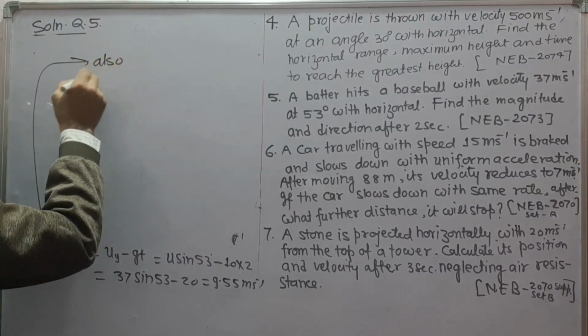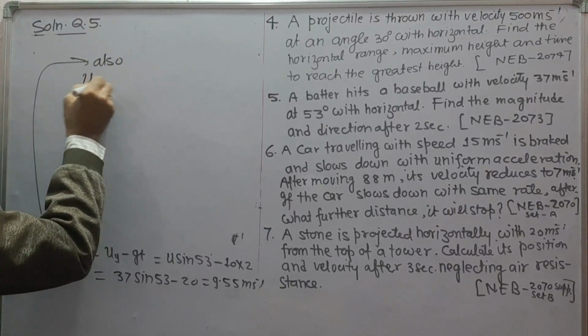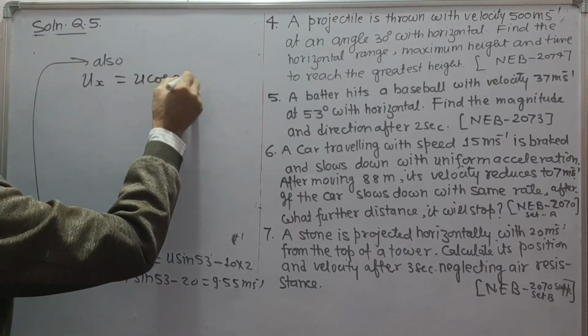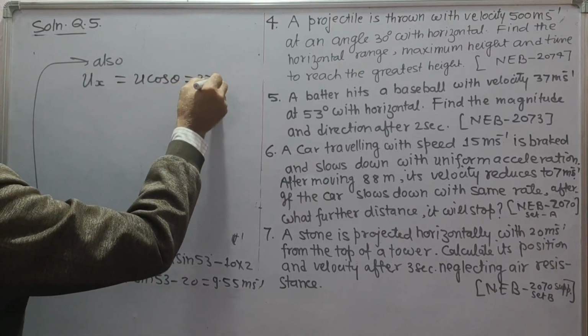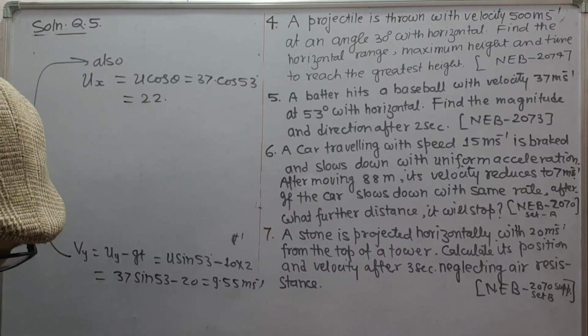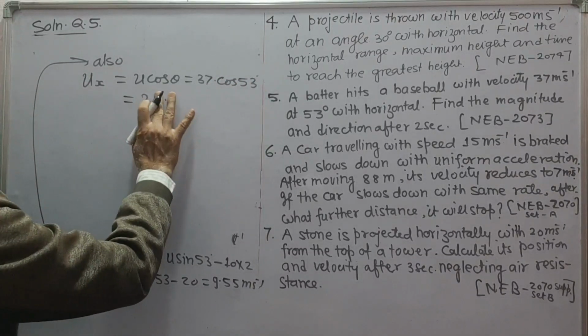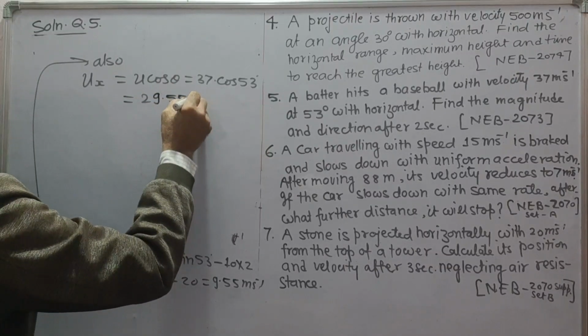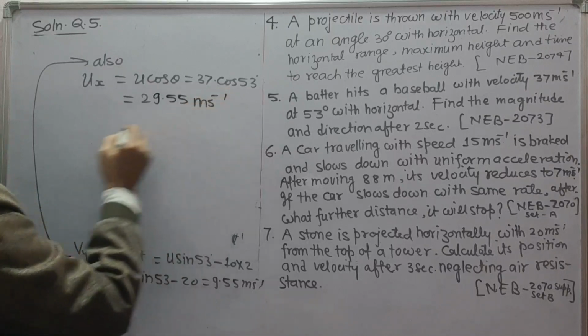Also u x will be equal to u cos theta, 37 cos 53, which gives 29.55 meter per second.